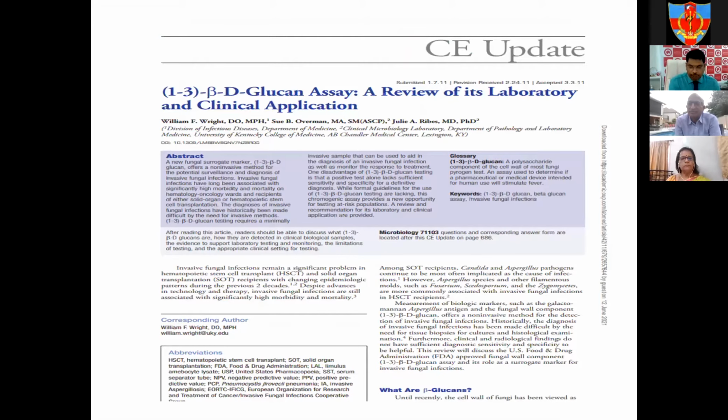This is again a review. The conclusion of this review was that this test enjoys good sensitivities and specificities and has a very high negative predictive value. This assay can be used not only in detecting individuals having early signs of fungemia, but also as a tool for monitoring antifungal therapy.